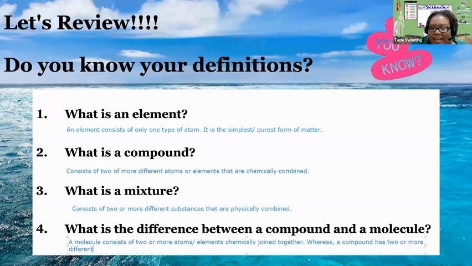But the only difference is, in molecules, you can have two of the same things joining together chemically, and it will be a molecule. But with compounds, once you have two of the same atoms or two of the same elements joining together, it's not a compound. Compounds have to consist of two different things chemically joining together.